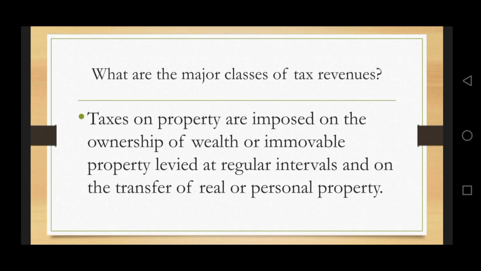Another major class of tax revenue is tax on property, which is imposed on the ownership of wealth or immovable property, levied at regular intervals on the transfer of real or personal property.